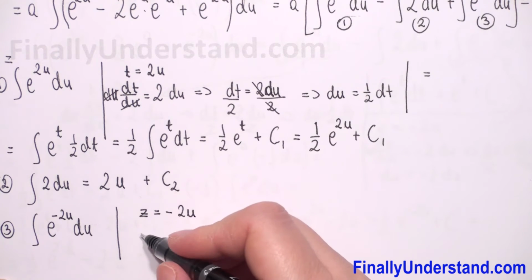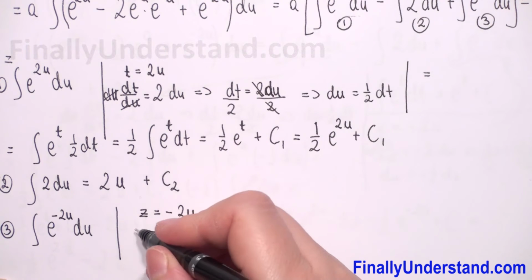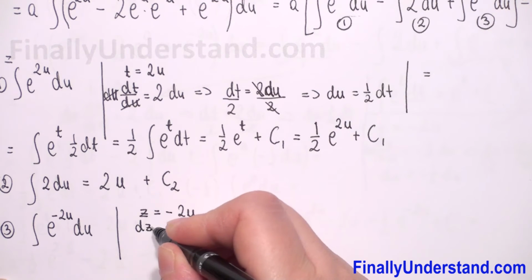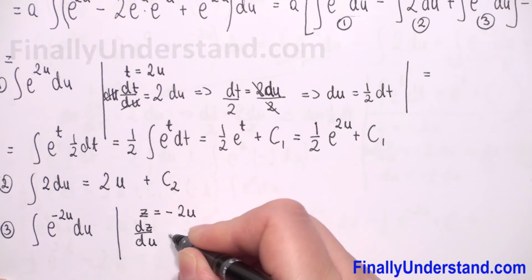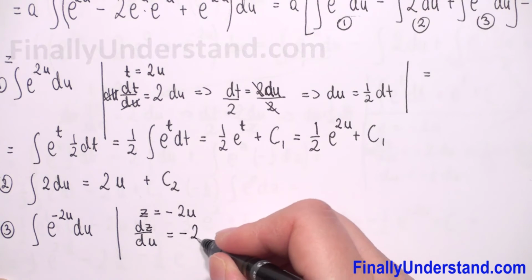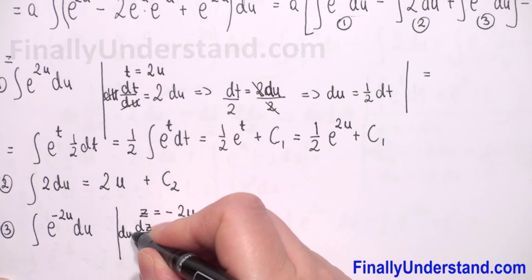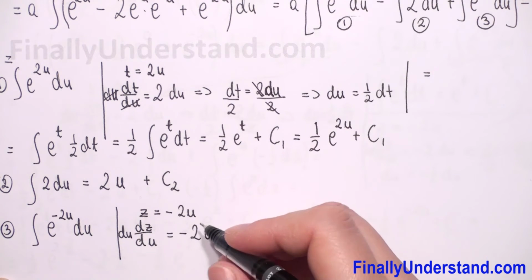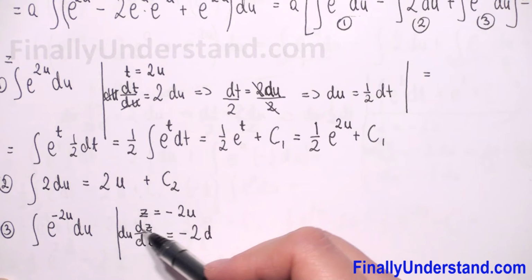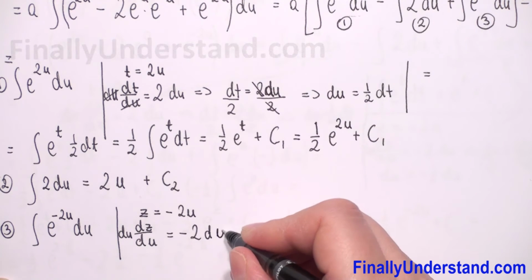So now we have to find the derivative of both sides with respect to u. So dz over du is equal to negative 2. We will multiply both sides by du because we do a z substitution, so we have to find dz.